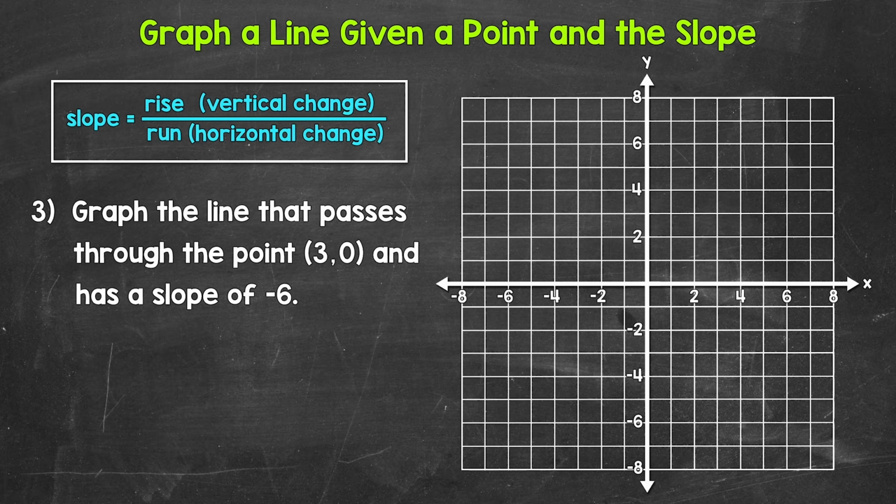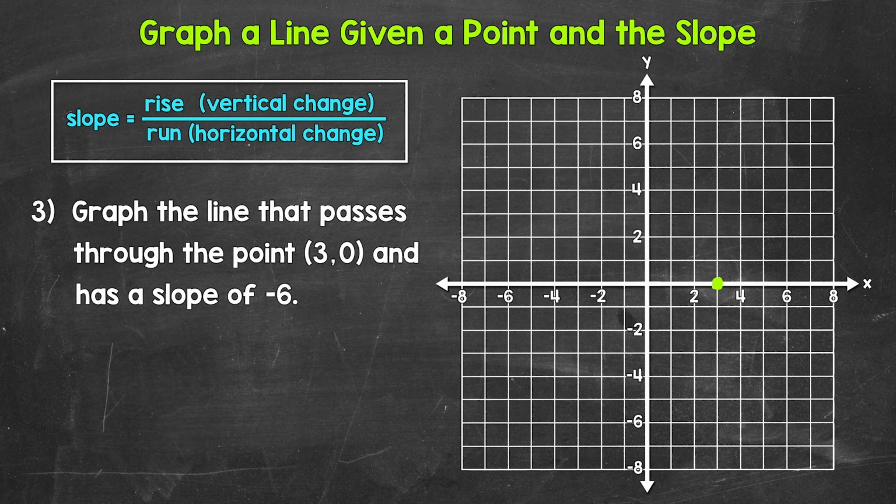Taking a look at number 3 now, we have graph the line that passes through the point 3, 0 and has a slope of -6. So let's plot our point here. The x coordinate is 3, so we go over to 3, and then our y coordinate is 0. So we actually don't go up or down. We're on the x axis here. So here's our point. Now, as far as our slope, we have -6.